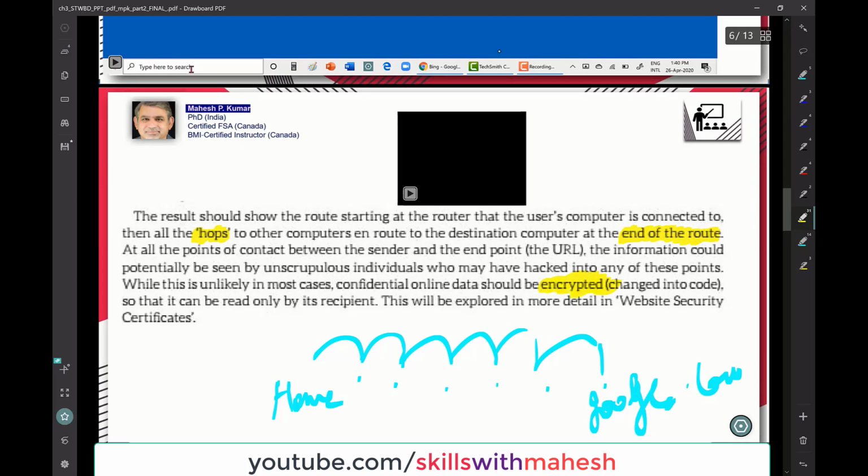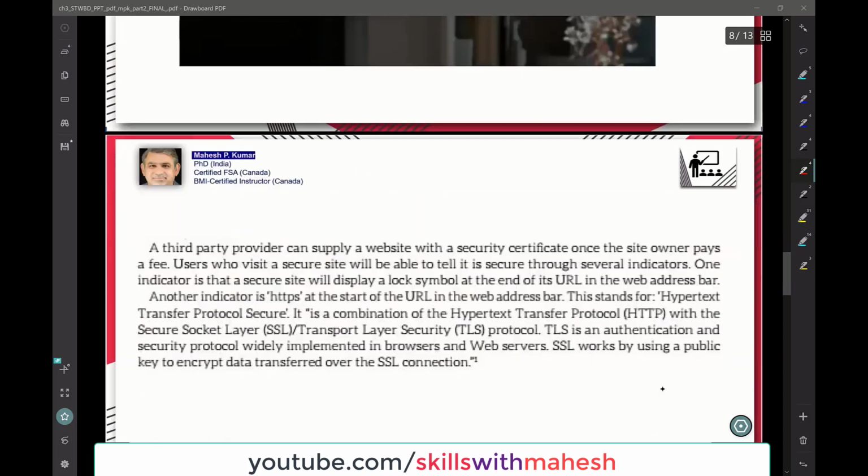So this message which is traveling should be encrypted, right? Encrypted means it should be changed into code. It should be a coded message, not the plain message. So when a message is traveling, it should be a coded message. This is important information, that now we need to secure our website, right?